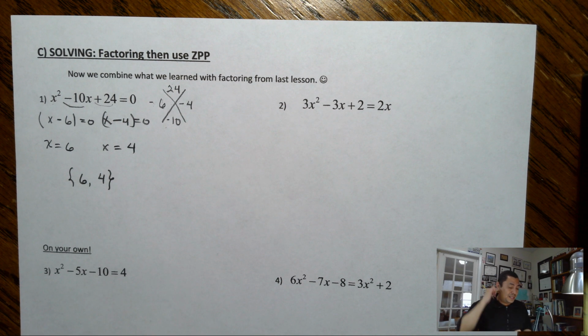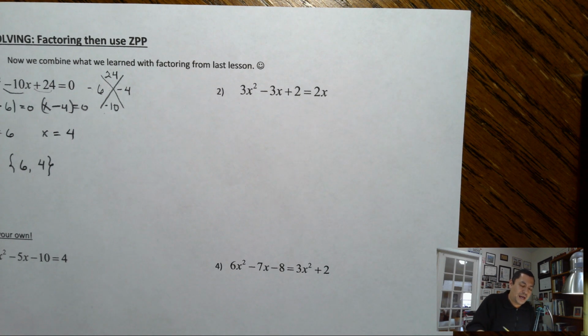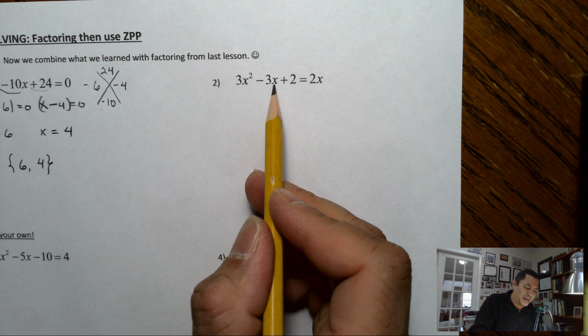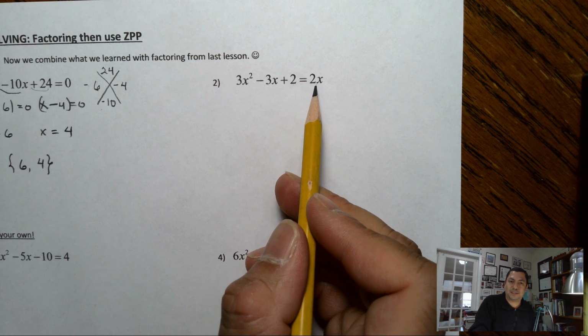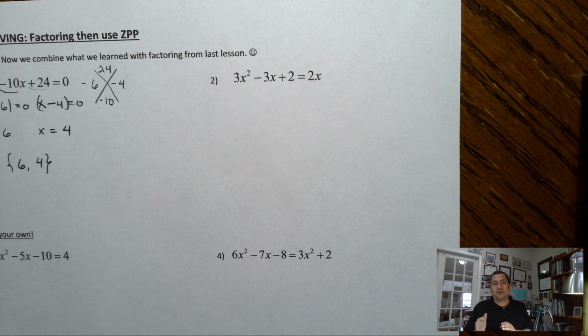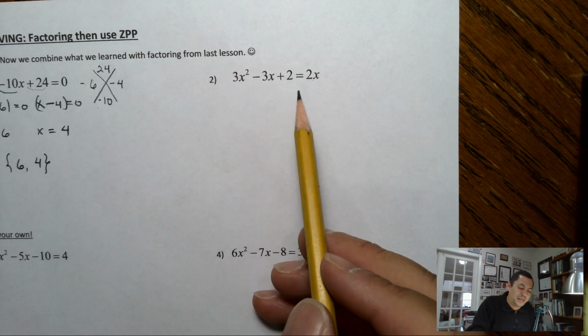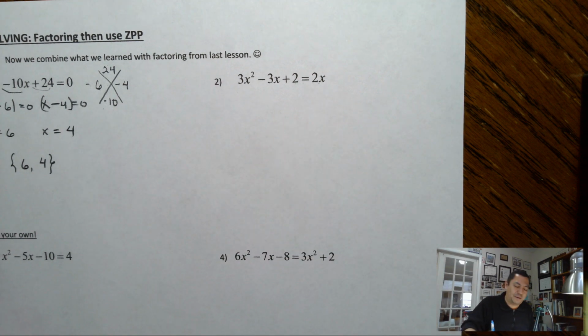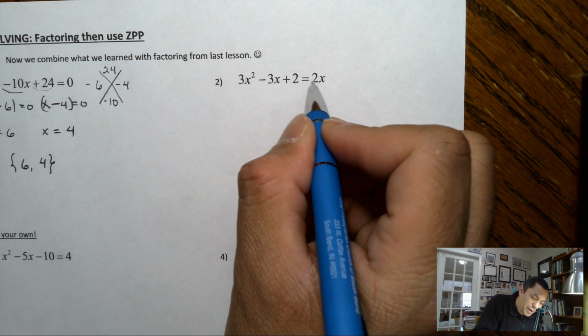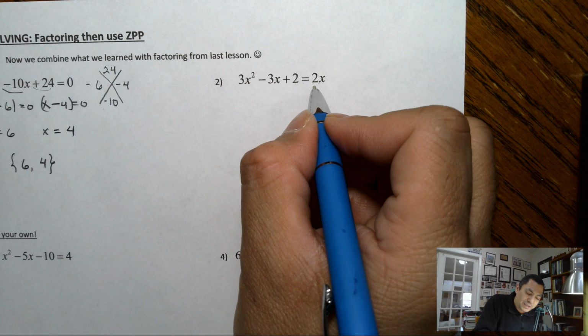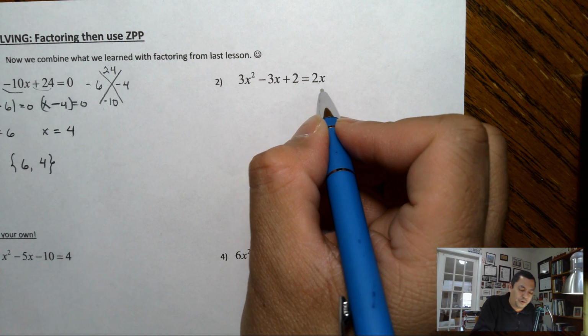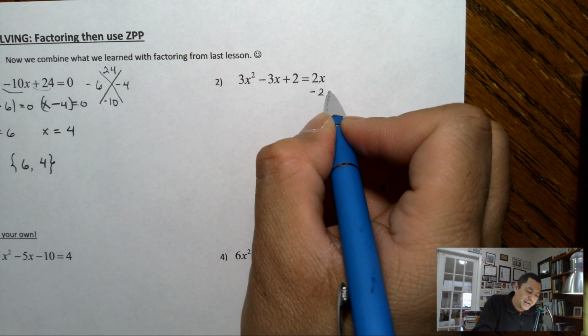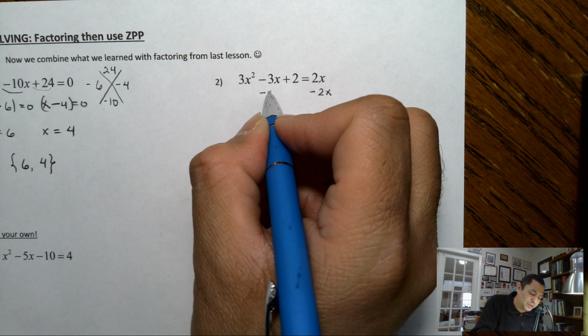Now the next problem that we have here, I have 3x squared minus 3x plus 2 equals 2x. Remember that to apply the zero product property, we are going to make everything equal to 0. So that tells me that I need to move this 2x to the left. 2x is positive, it's adding, so we're going to use the opposite, which is negative 2x, minus 2x.